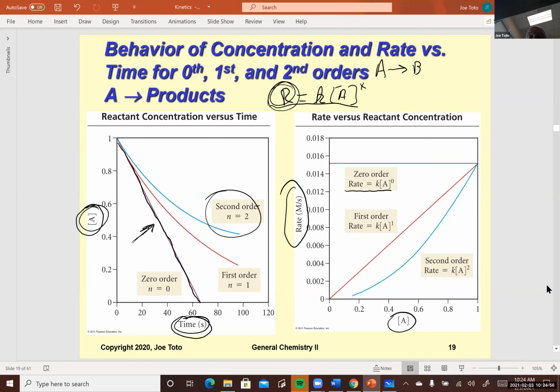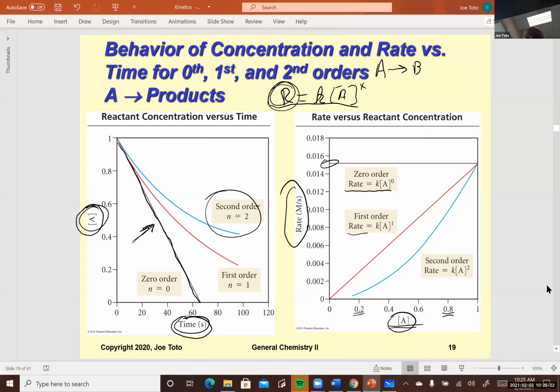So the rate should be constant no matter what the concentration is. And that's what you see. The concentration could be 0.2, it could be 0.8. The rate is still going to be around 0.015 molarities per second. It's constant.